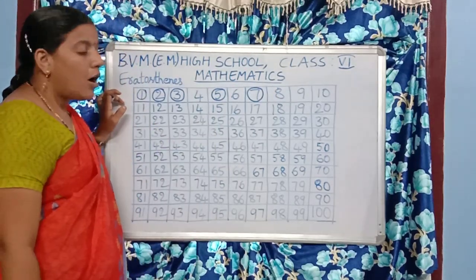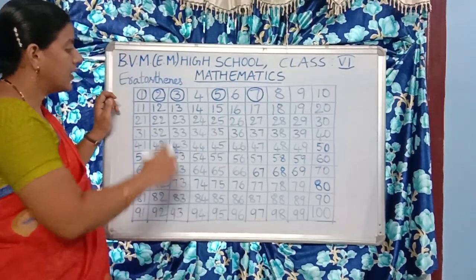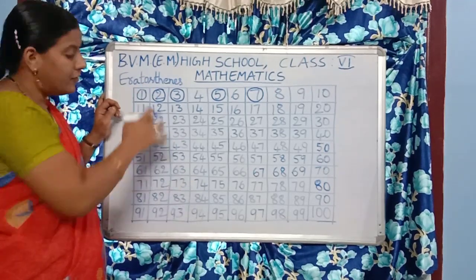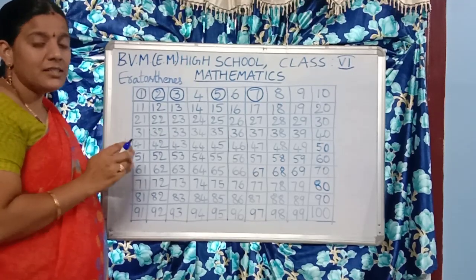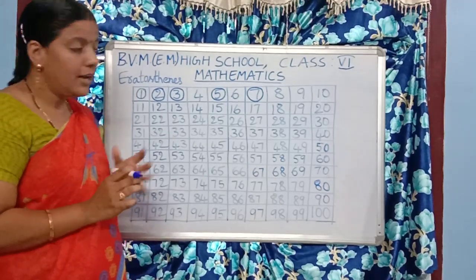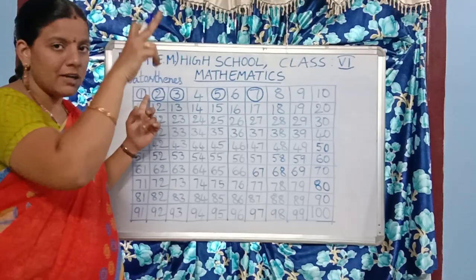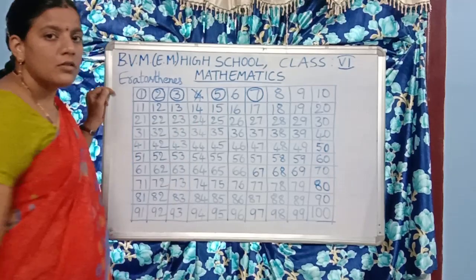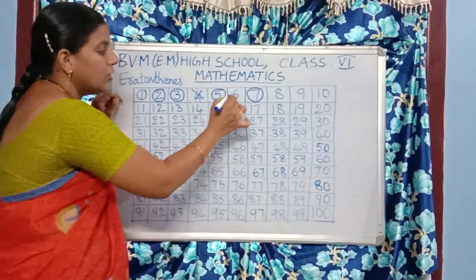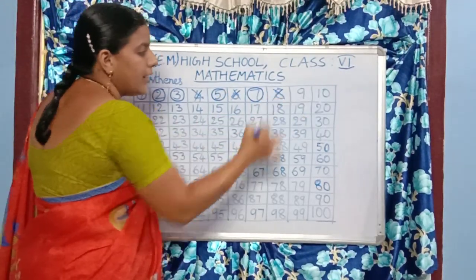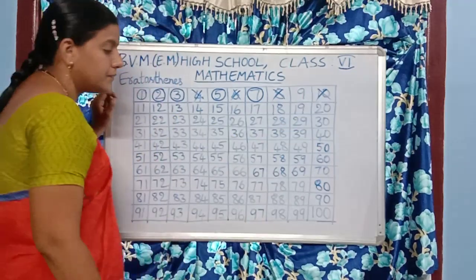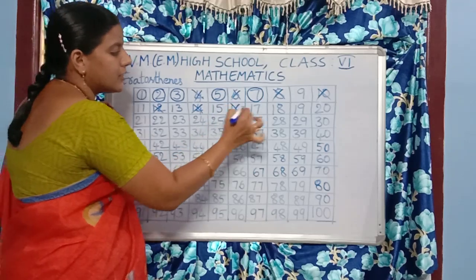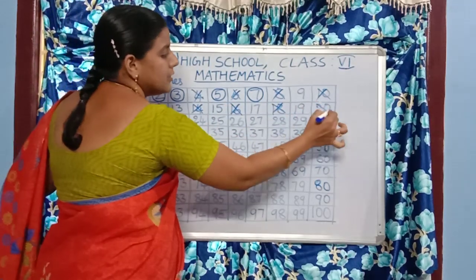Now, what we have to do is cross out the multiples of 2. That means 2 ones are 2. Okay? 2 is a prime number. Already we encircled this. 2 2s are 4. Cross out. Next, 2 3s are 6. 2 4s are 8. 2 5s are 10. 2 6s are 12. 2 7s are 14. 2 8s are 16. 2 9s are 18. 2 10s are 20.